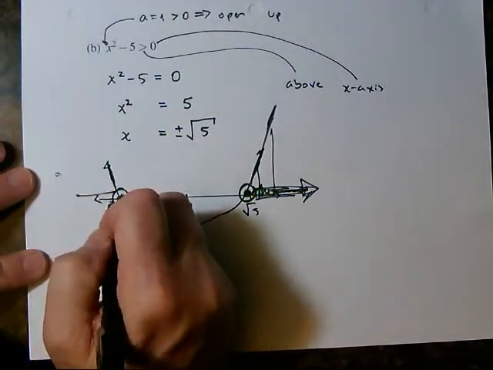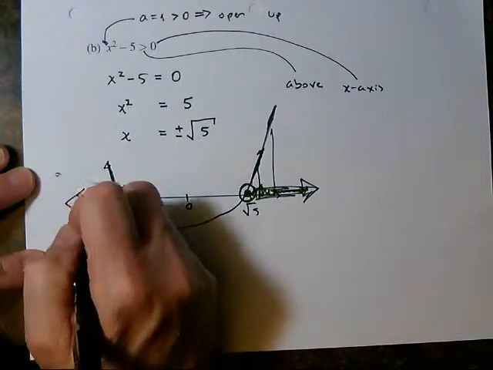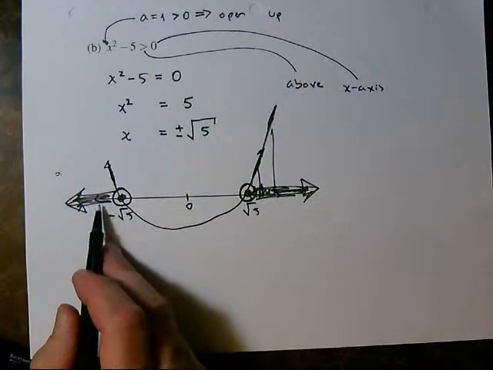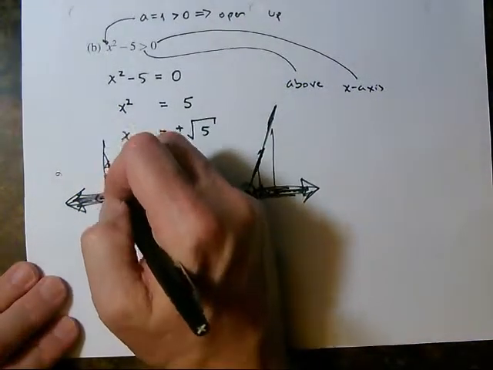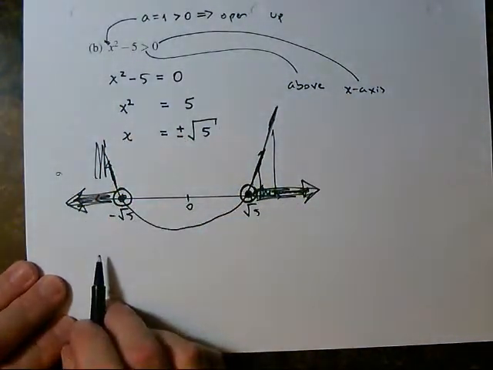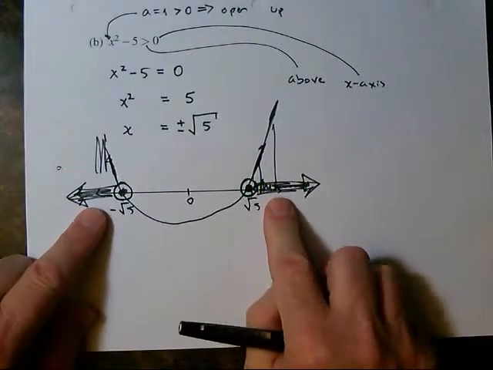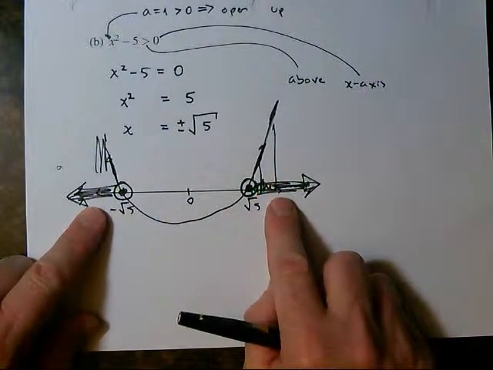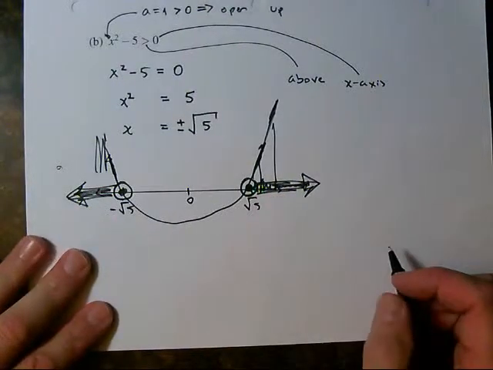Likewise, exclude that and go down to negative infinity. Those x's make the graph be above the x-axis. So that's a really sloppy paintbrush picture of our solution set, but it does the job for this problem.